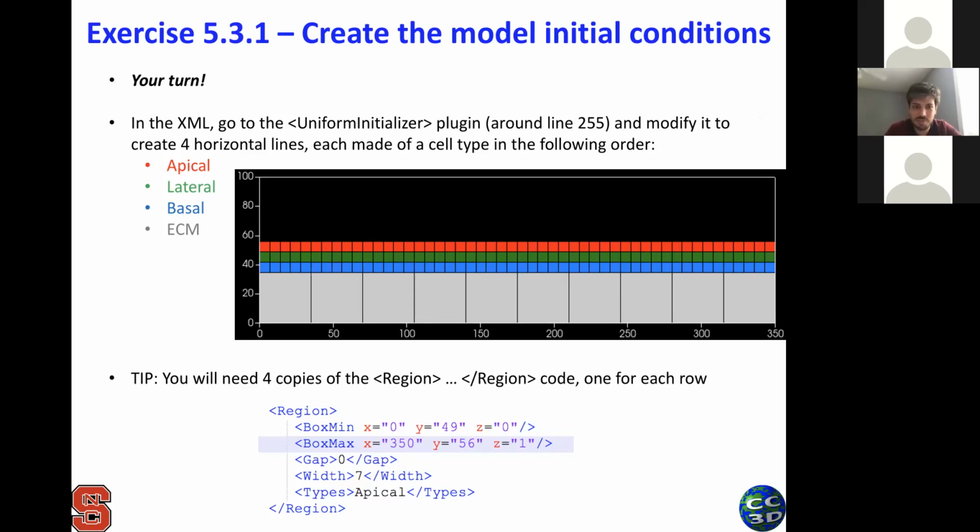For this one, I made the minimum and maximum box reach: the X goes from 0 to 350, which is the size of our simulation, and the Y I made from 0 to 35. I made the width of the ECM cell to be 35. And then from 35 to 42, 42 to 49, and 49 to 56.